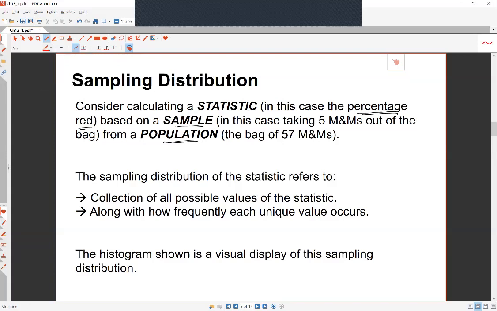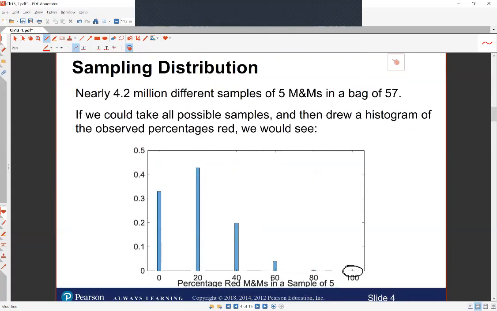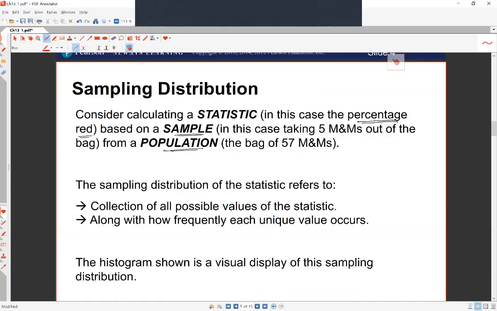I'm talking about the collection of all possible values of the statistic. So in this specific example, there are 6 possible values, right? I could have 0%, 20%, 40%, 60%, 80%, or 100% red. Those are the possible values for my statistic.